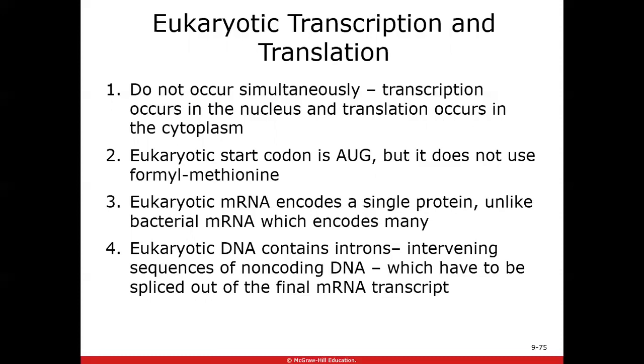Eukaryotic DNA contains introns, which are intervening sequences of non-coding DNA, which have to be spliced out of the final messenger RNA transcript. We'll talk about introns in a couple of minutes, but I definitely want you to know introns.